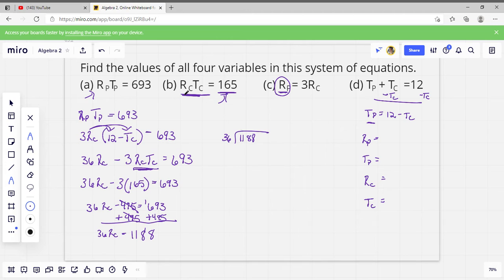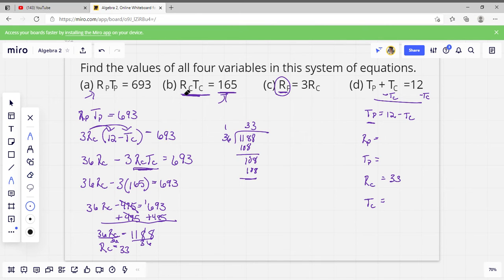Solving for RC. There we go. So RC equals 33. I just divided by 36. So we've got RC equals 33.